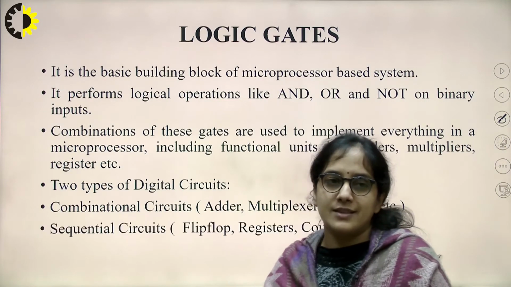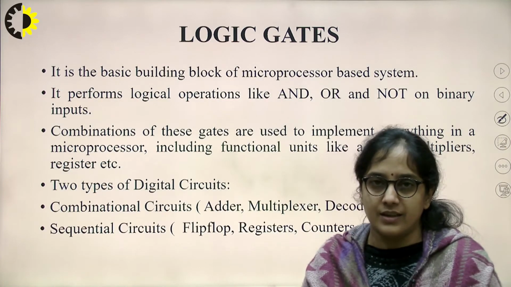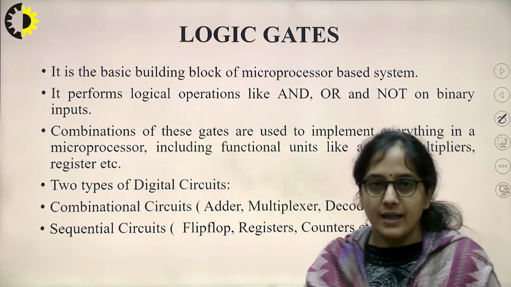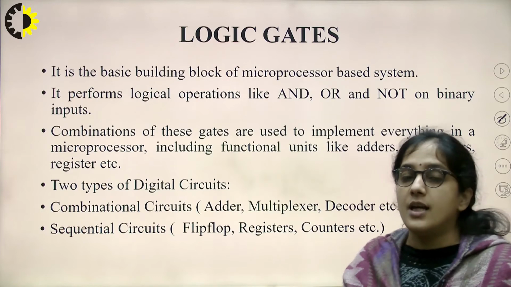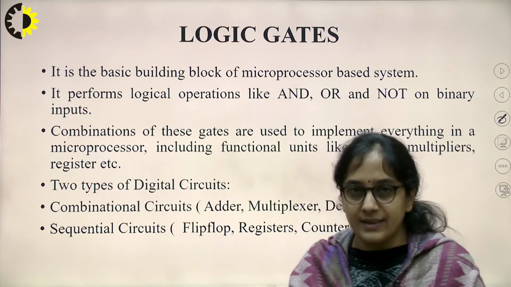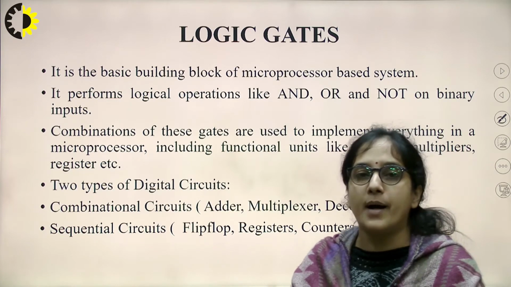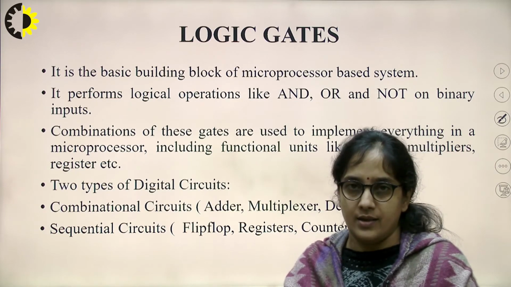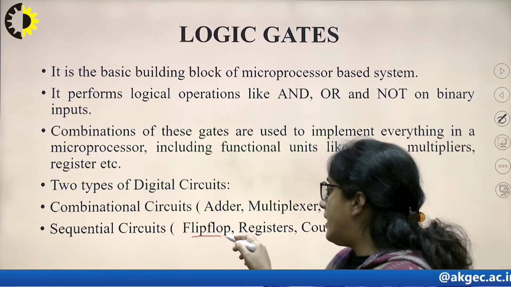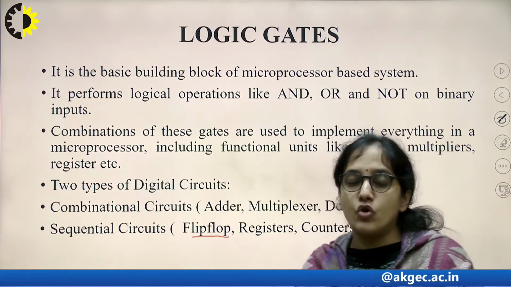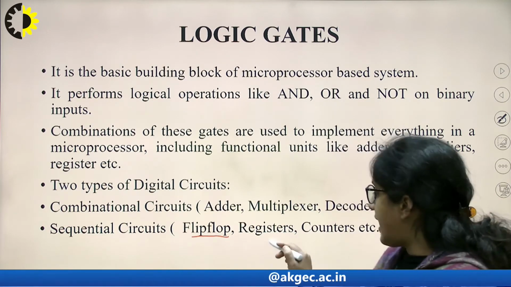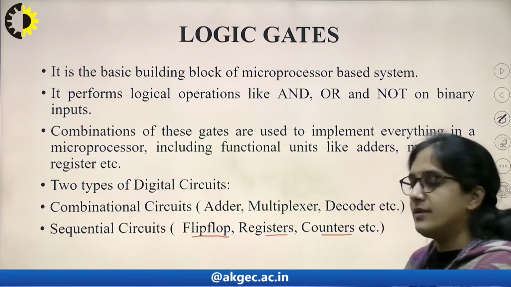The second type of digital circuit is the sequential circuit; flip-flops, registers and counters are examples. In this circuit, the present output depends on the present input as well as the past input applied. That is why a flip-flop is a storage element, it stores the data, and using flip-flops we design registers and counters.